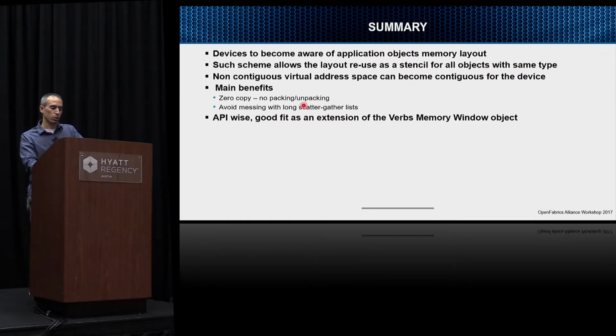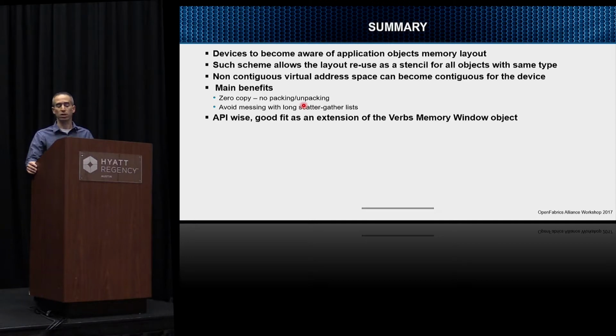Okay, so to summarize what we've seen so far, using such hardware capabilities, we can have devices become more aware of the application objects and their memory layout. Once it has this awareness, we can use this layout as a stencil and can define any objects which are of the same type.